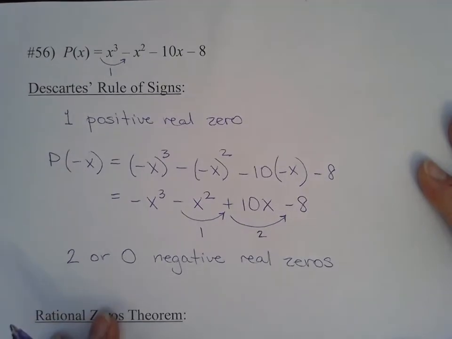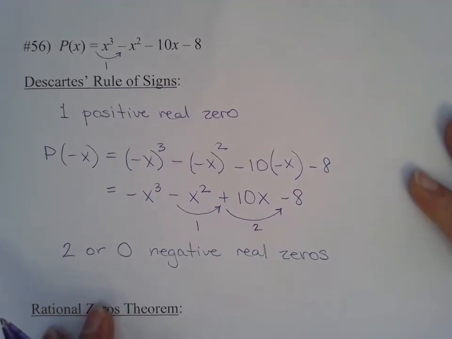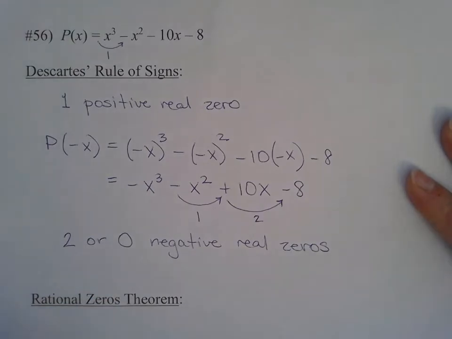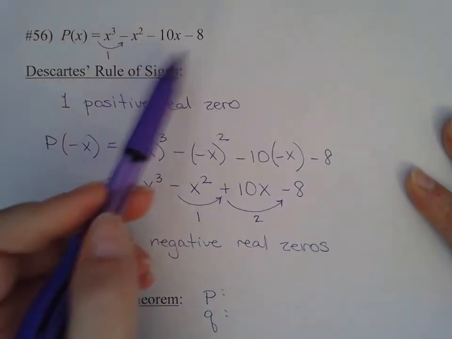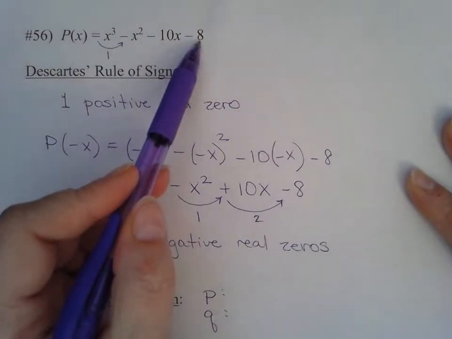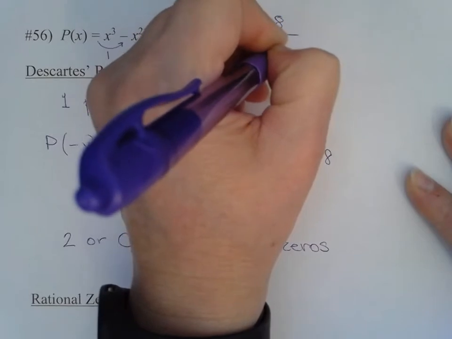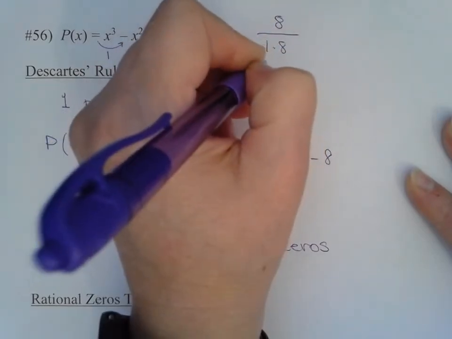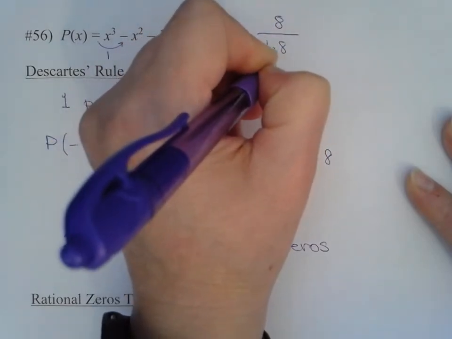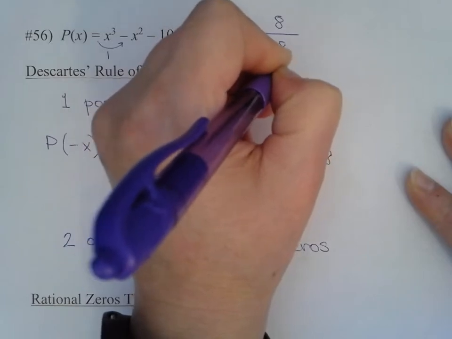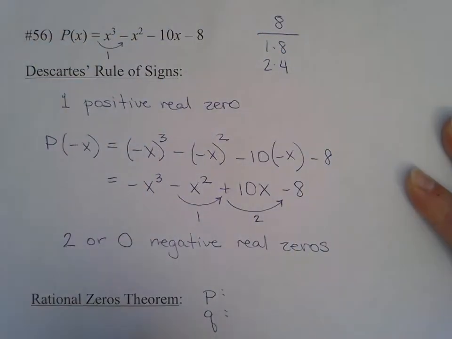Okay, now let's apply the rational zeros theorem and put these together. So let's put the possibilities for P and Q. Remember, P divides into the constant term, so factors of 8 would be, we could have 1 times 8 or 2 times 4.